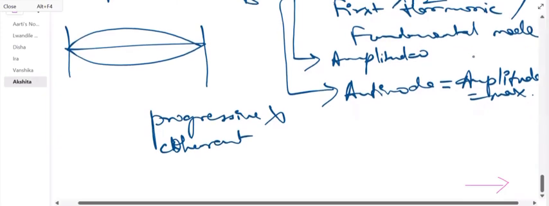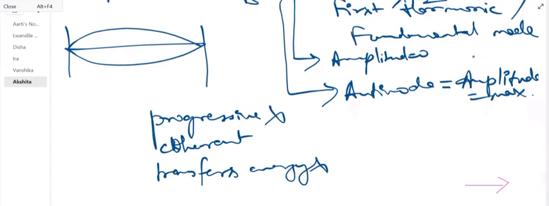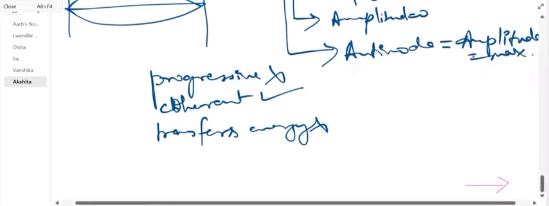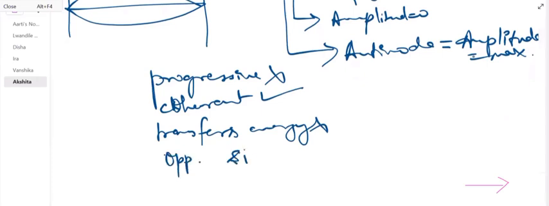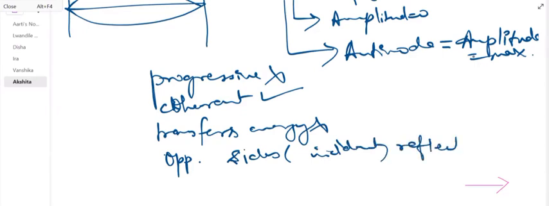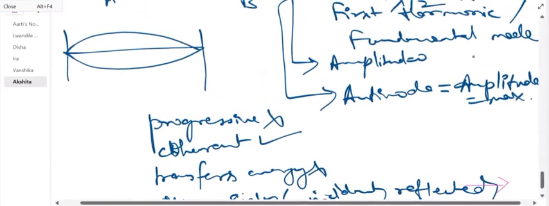Third thing, it never transfers the energy. Fourth is they both should come from opposite sides. What both? The incident and your reflected wave, right? This is incident wave, this is reflected wave.